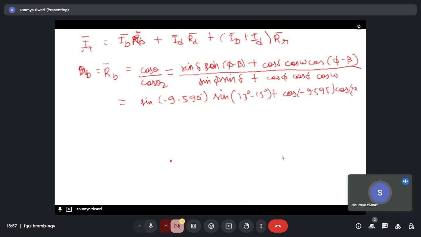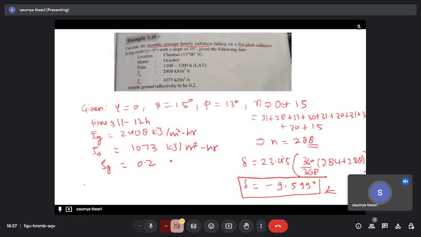First write this, and then we'll see omega. Omega will be the average of 11 and 12, which is 11:30, and corresponding to 11:30 we know that it will be half of 15 degree, so plus 7.5 degree, since it's before noon.